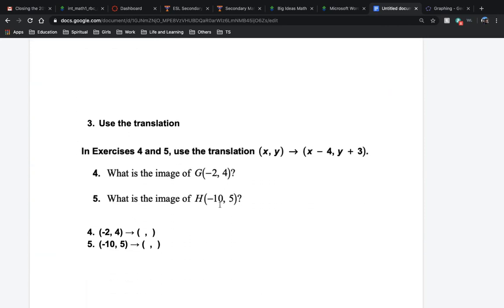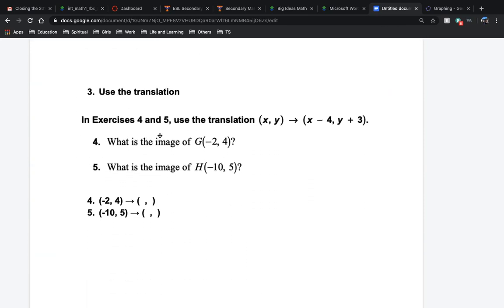There is a third exercise though here. Well, by the way, here's 4, okay? So we're going to use the translation we are given. The original point, the pre-image, is going to be translated 4 units to the left, 3 units up. So if I start with G, that is located at -2, 4, and if I pay attention to the rule, 4 units to the left of -2 is going to be -6, and now 3 units up, this 4 is going to be a 7.